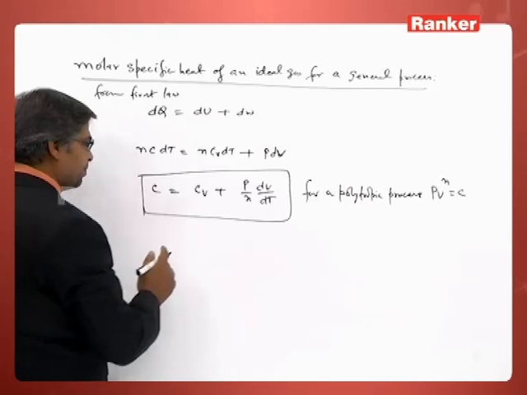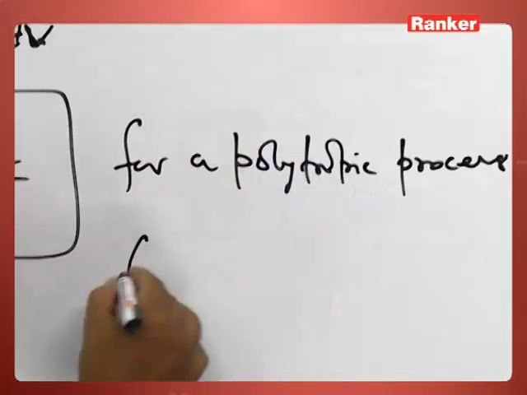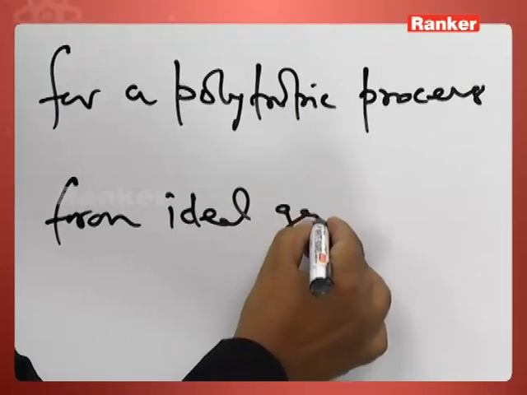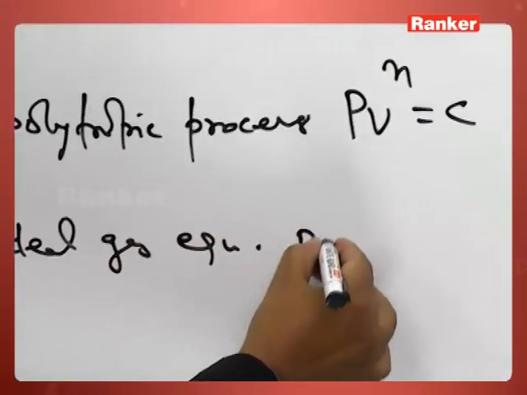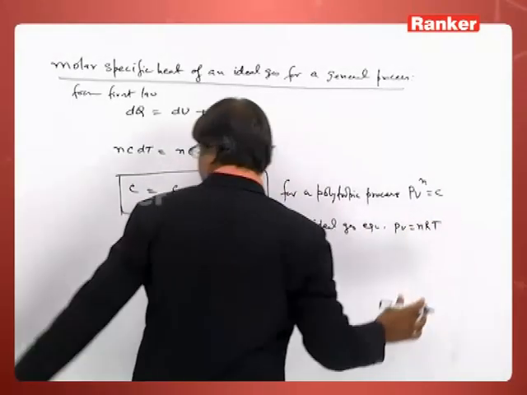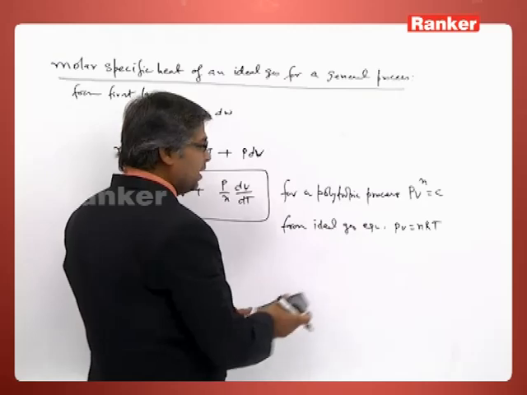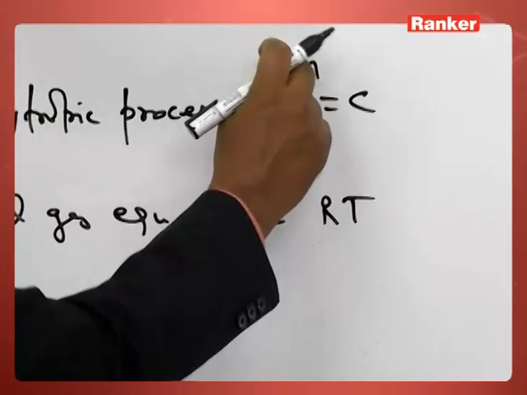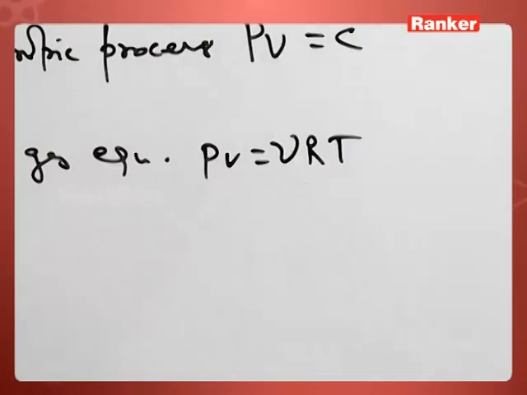So now, from the ideal gas equation, we have PV is equal to nRT. Let us write PV is equal to nu RT, with the number of moles as nu, so that this n and this n do not mix up.